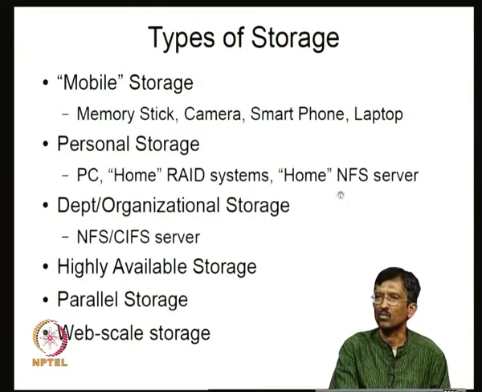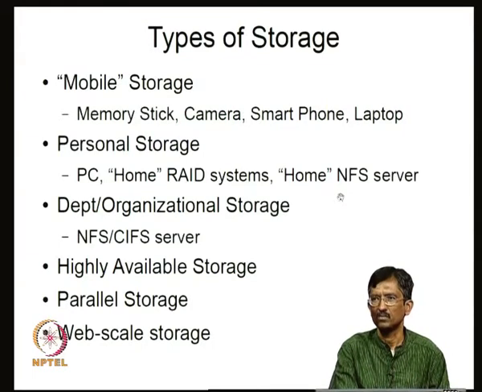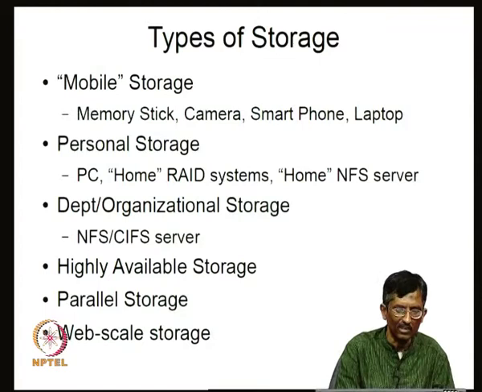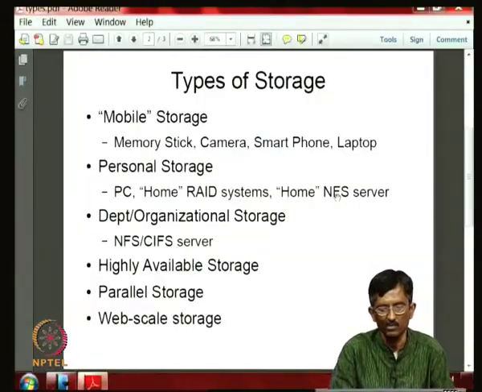Now there are some issues here also, because typical NFS servers have what is called 8 kilobytes as the block size. Now 8 kilobytes is a slightly big packet for wireless. Why is that? We can start thinking about that this way.